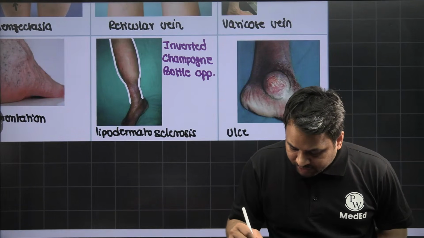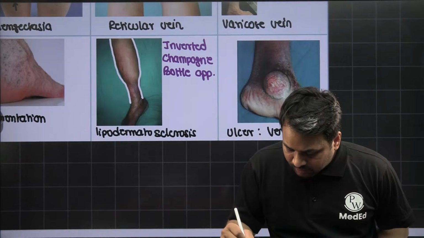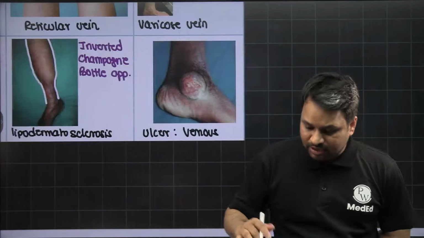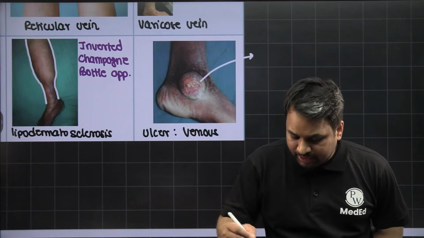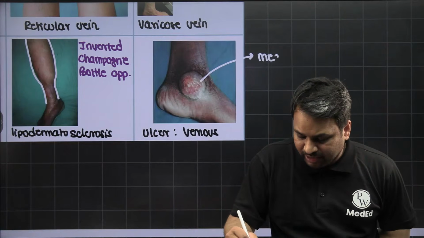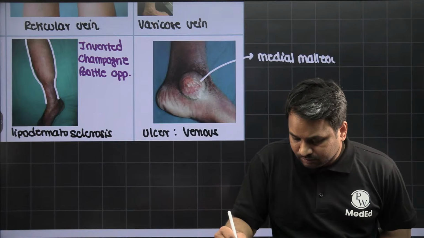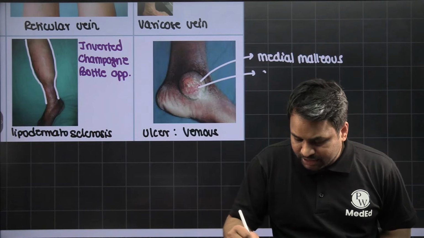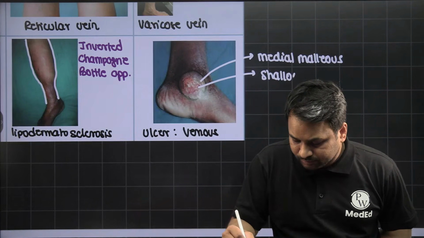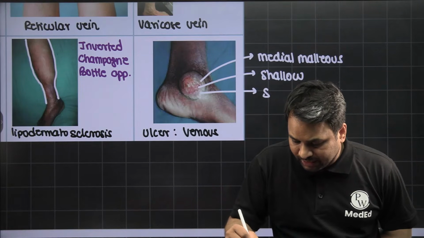And the last one is going to be venous ulcer. How do you know it is a venous ulcer? Everybody knows it. Number one, it is present at the level of the medial malleolus. Number two, it is going to be a shallow ulcer. It is going to have a sloping edge.